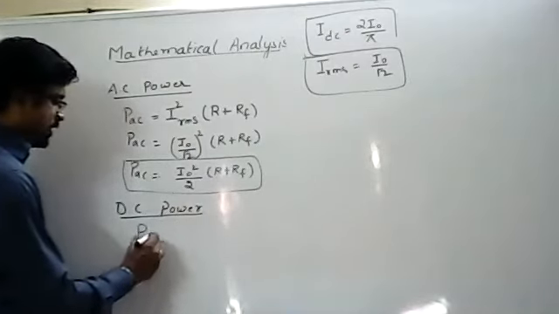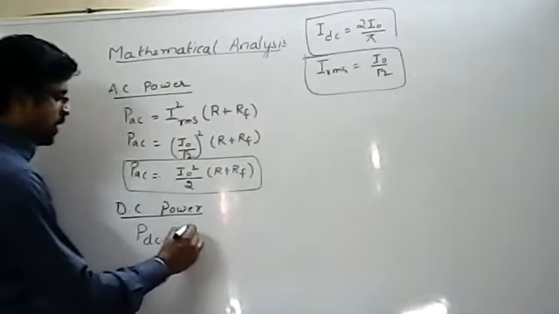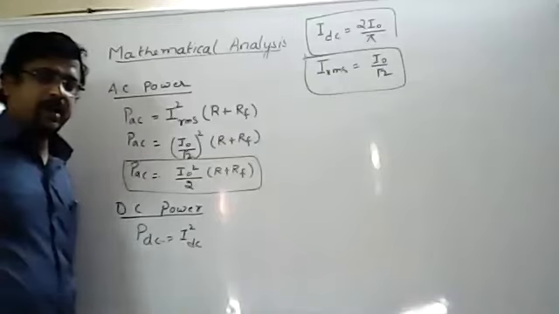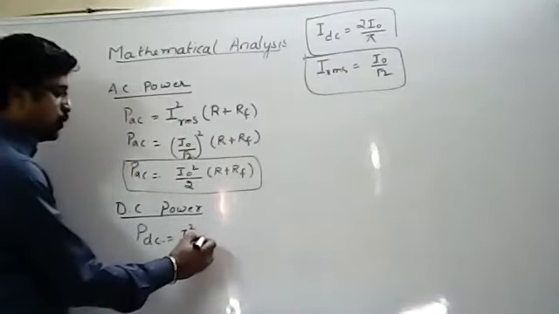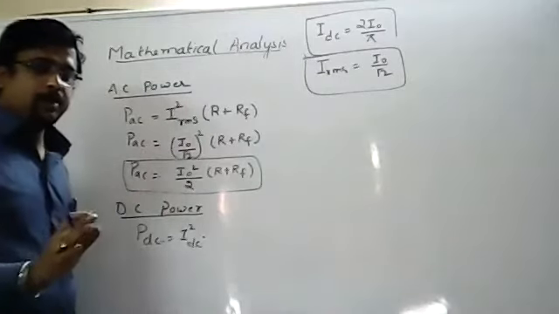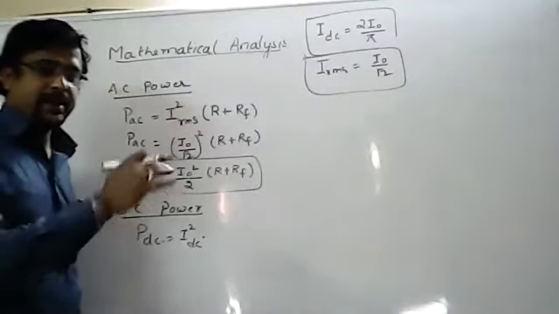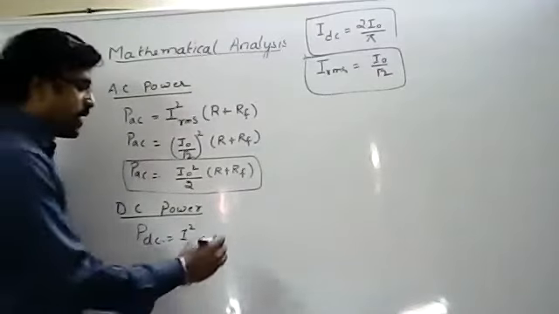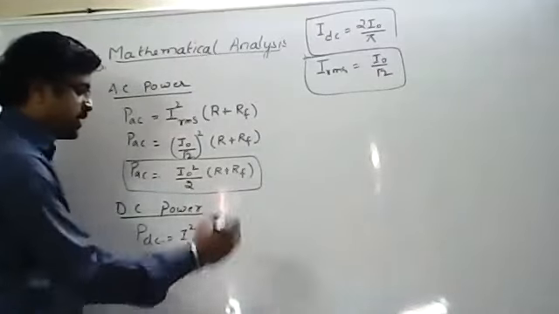So formula for DC power: PDC is equal to I square DC, because for DC power I require DC current, into R. Where is the DC present? Input I am giving AC current, at the output you are having DC. So what is the load resistance or output resistance?